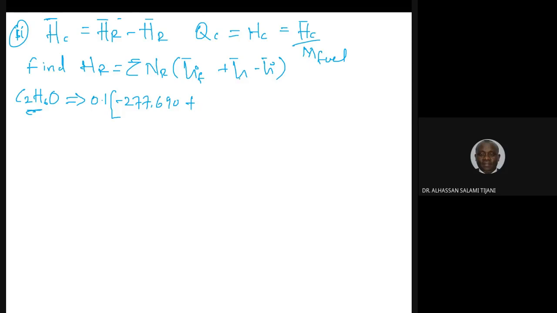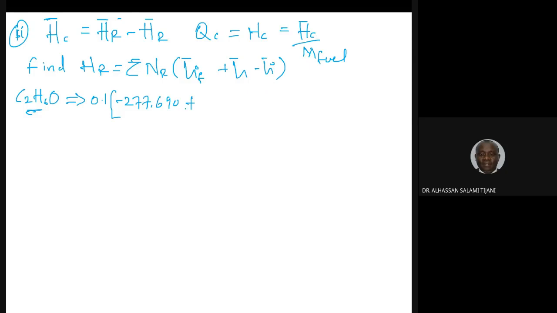Now the enthalpy of the ethanol at 25 degrees Celsius and its enthalpy at the standard state are the same. So it will be equal to 0.